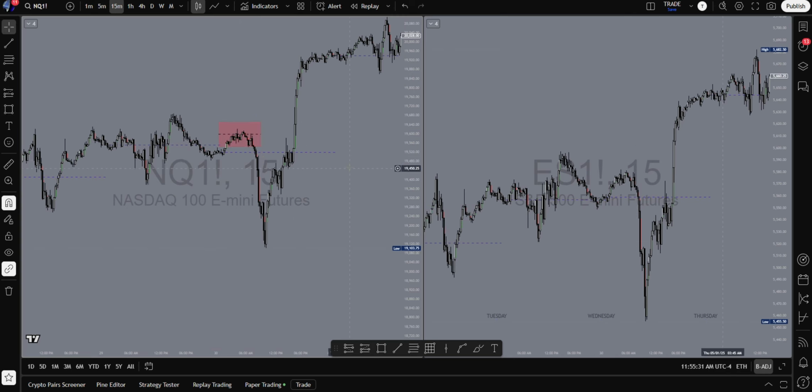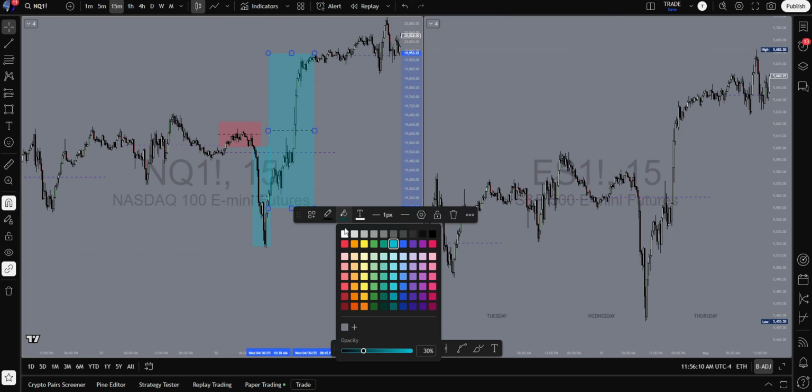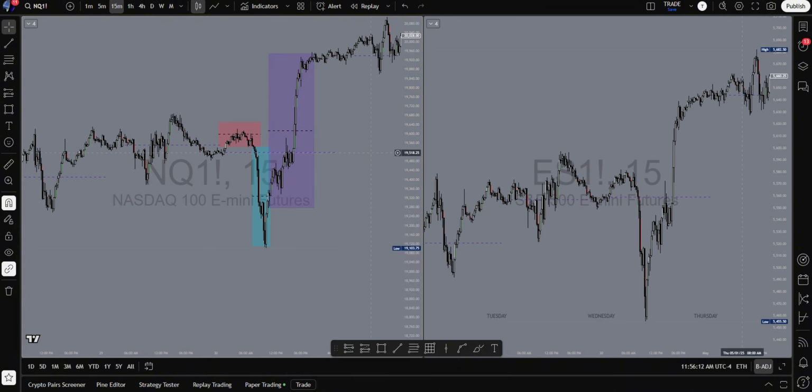So this right here is accumulation. We created this huge leg down. This was our manipulation leg, and as you can see, right here, we closed above a bearish candle, lined up on my mark over here, indicating that price would keep on having some type of continuation, or we would say distribution.